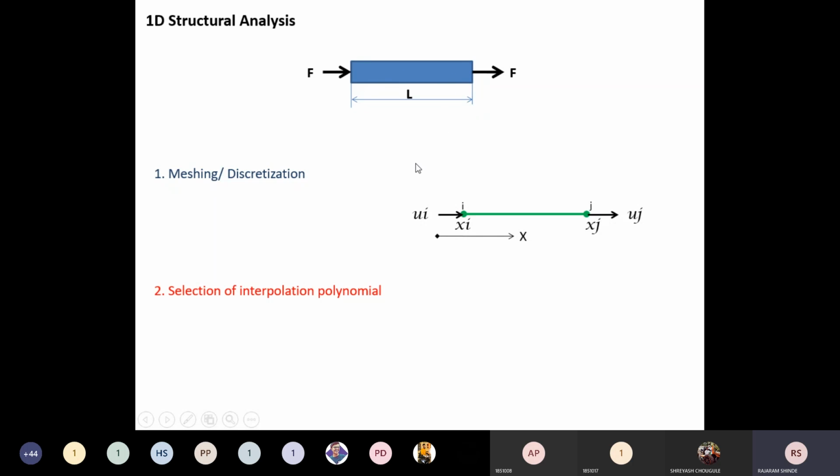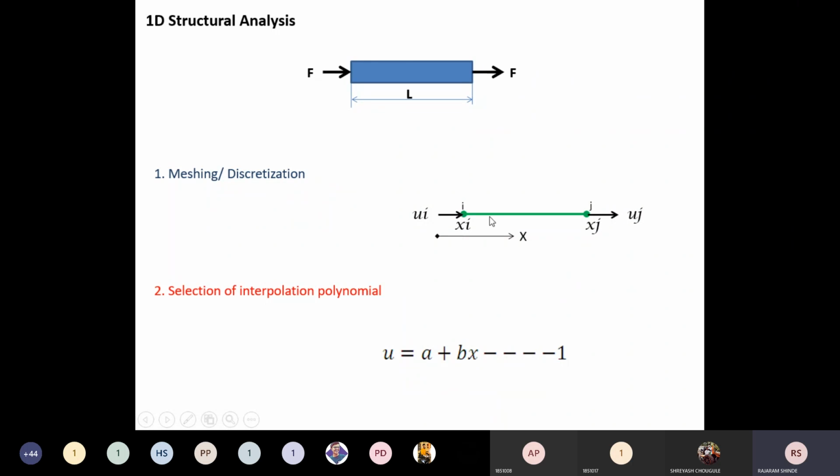Interpolation polynomial means it is a linear equation in terms of the coordinates for the variation of the displacement. Now I will write this interpolation polynomial. This is a linear equation for u: u is equal to a plus bx.